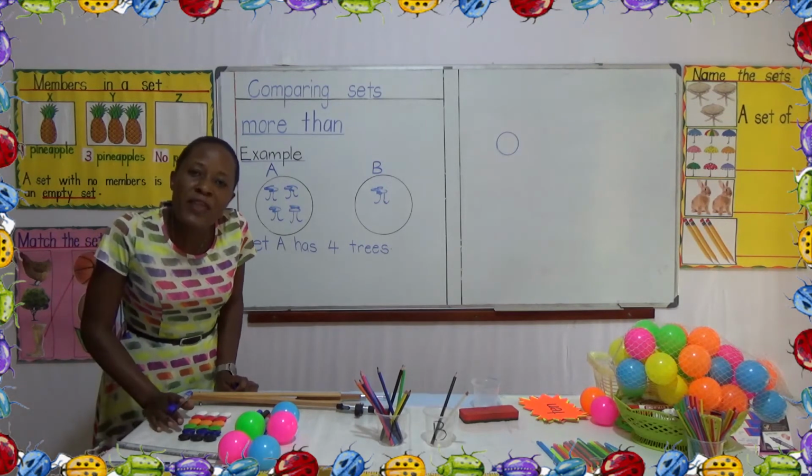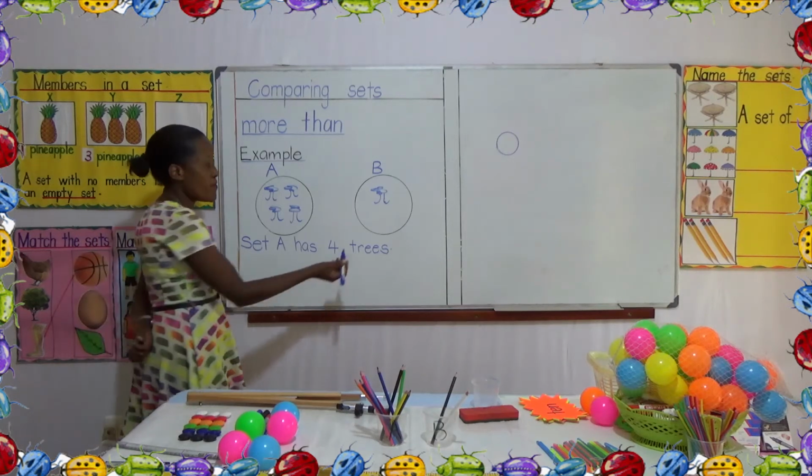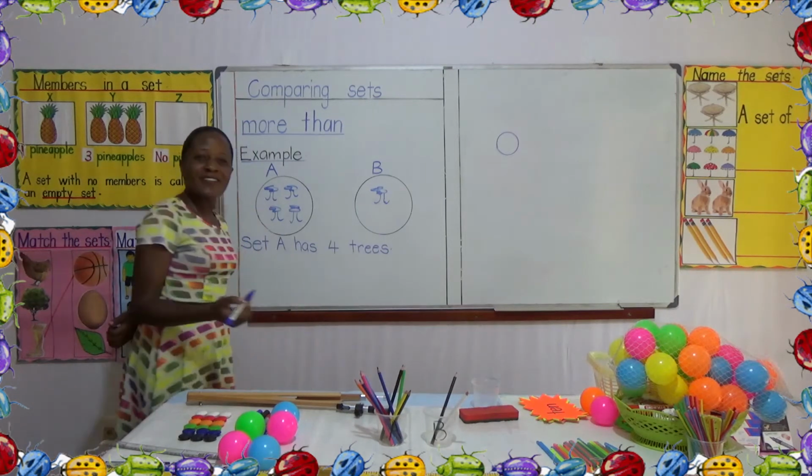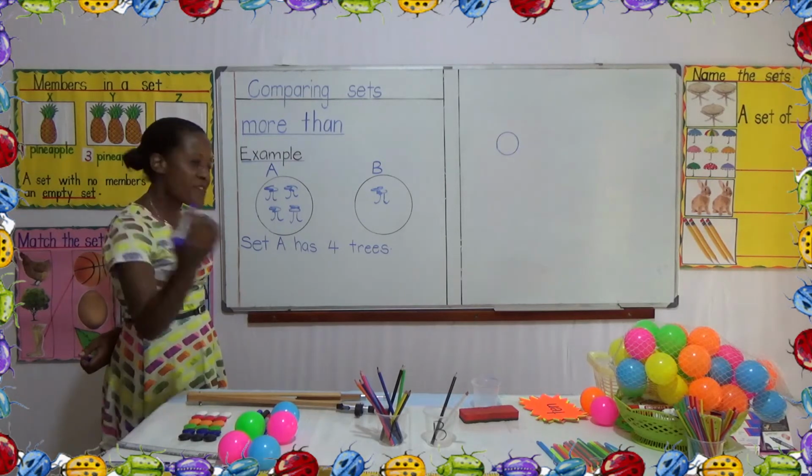And how many trees are in set B? Let's count them. 1. It is just 1 tree. Set B has 1 tree.